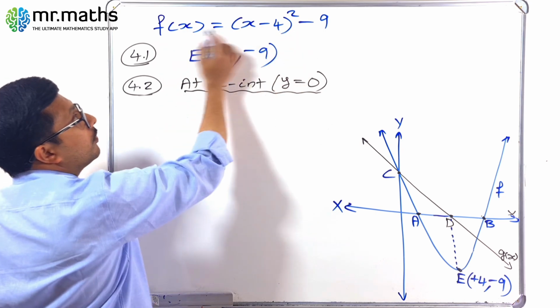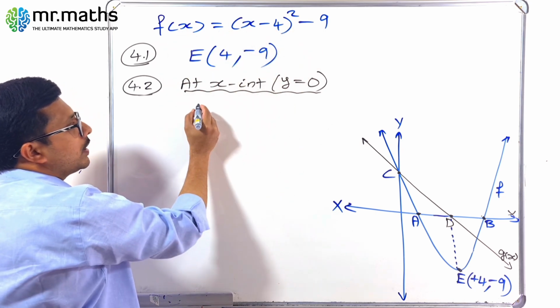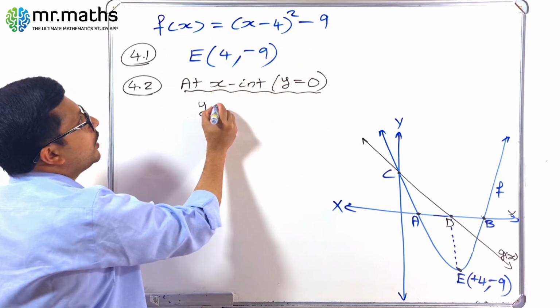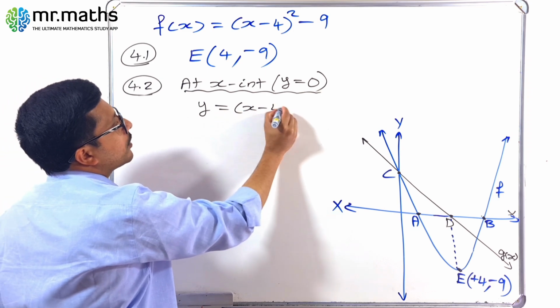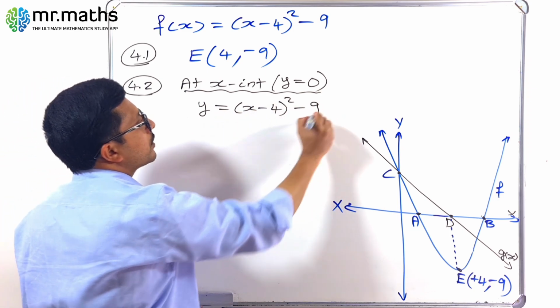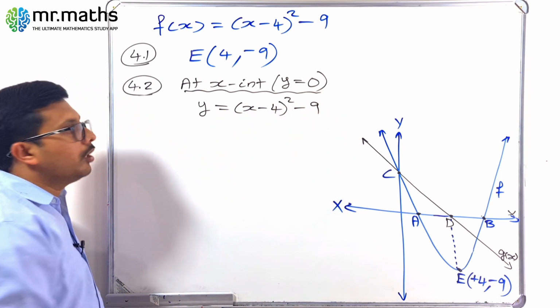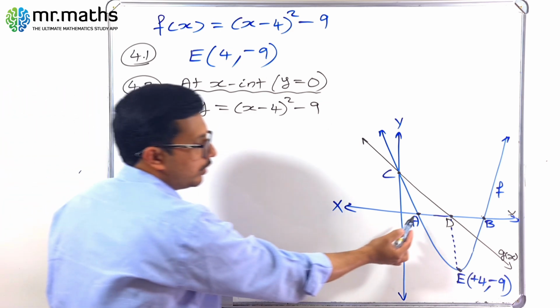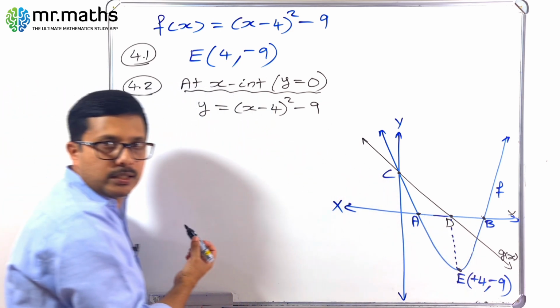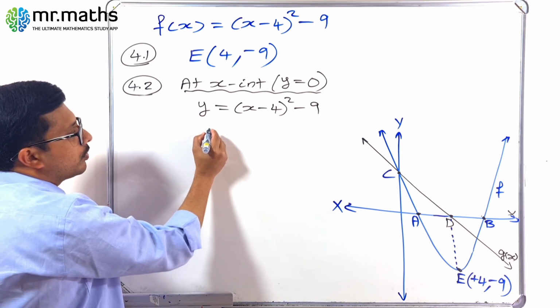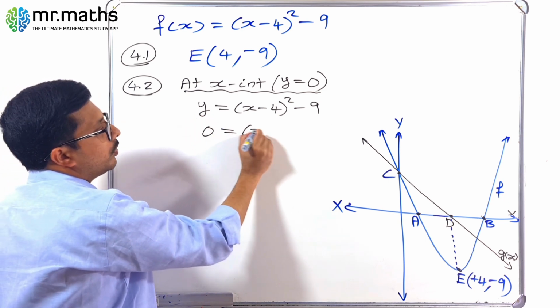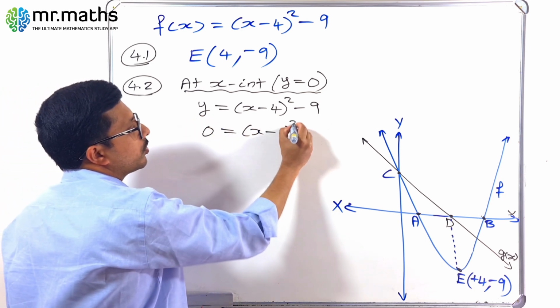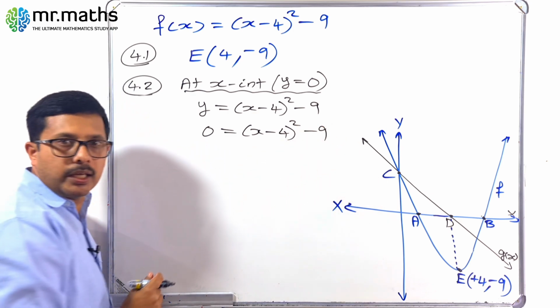This is the function f of x. F of x is the same as y. Y is equal to x minus 4 the whole square minus 9. So here you have to substitute the value of y as 0, because we are trying to find the x-intercepts. So 0 is equal to x minus 4 the whole square minus 9.